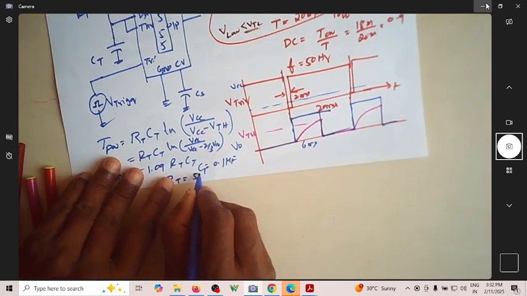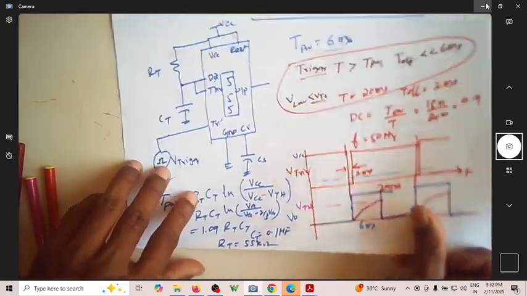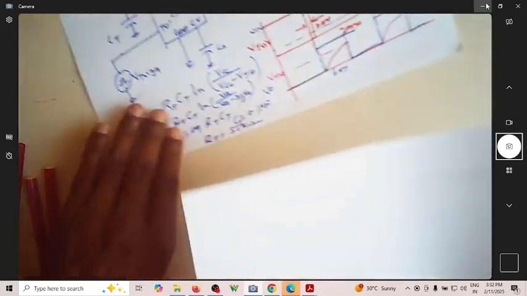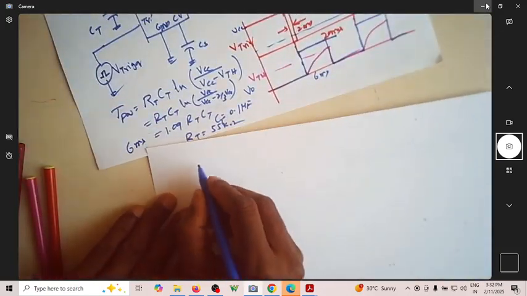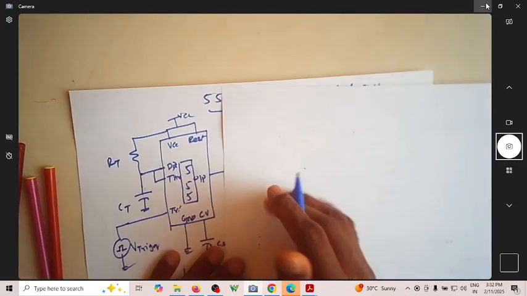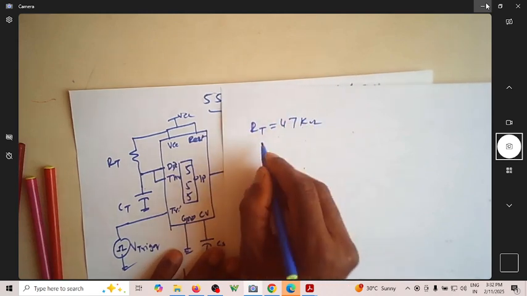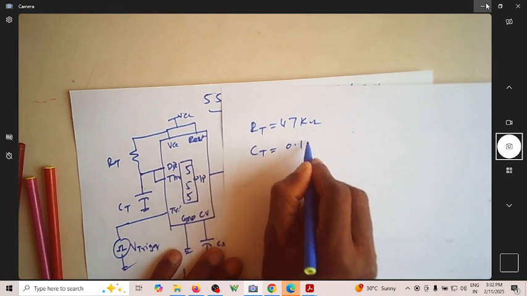You don't have a standard value of 55 kilo ohms, so you can choose an RT of 47 kilo ohm, and choose a CT of 0.1 microfarad.